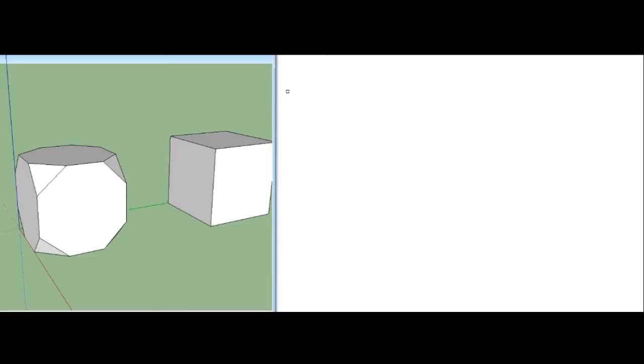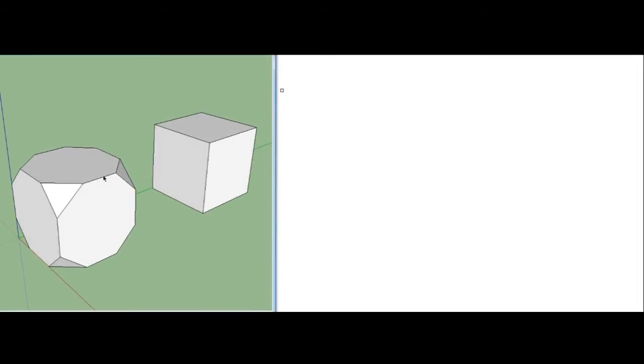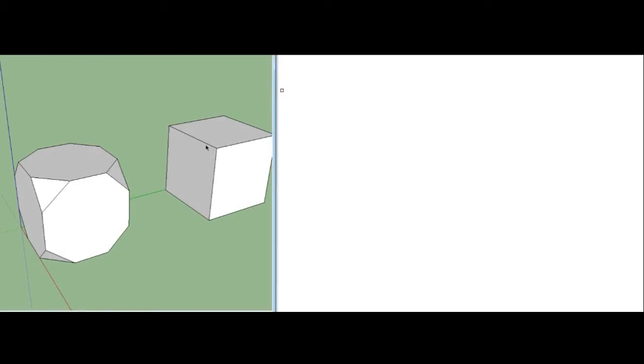The first step is to count the number of vertices that this figure has. How many vertices does it have? As you can see, every corner of the original cube has been converted into 3 corners.